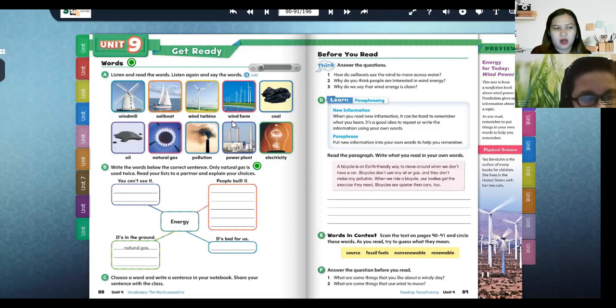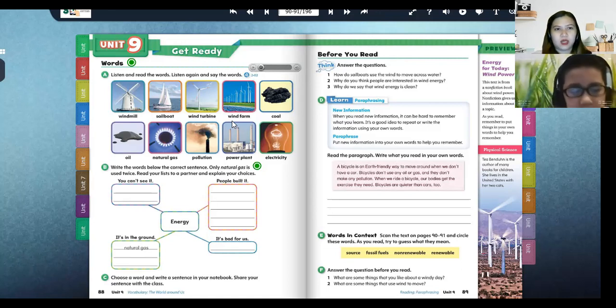And about the non-renewable, we have coal, oil, and natural gas. So it's dangerous to us.